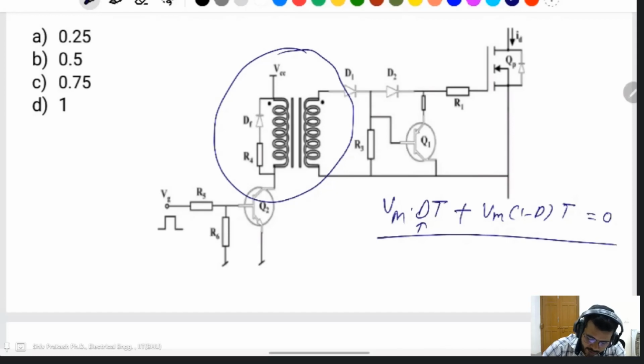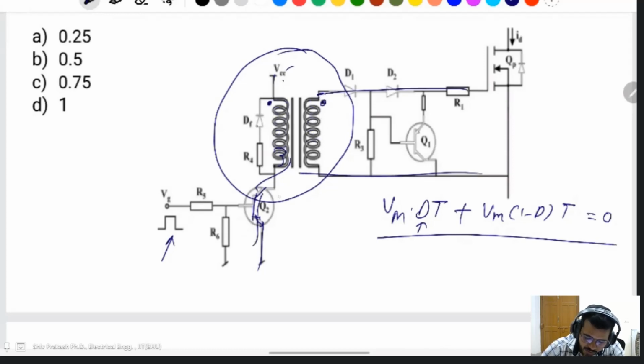If the switch is on here, the core is magnetized by VCC. This will be the reverse bias because of the VCC. Magnetized, the same dot point is there, then the power is transferred here.